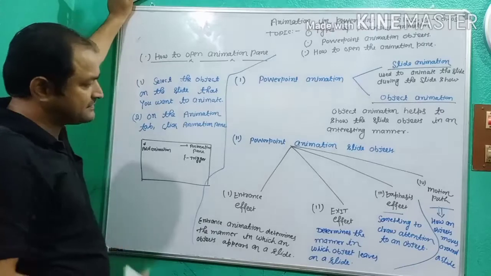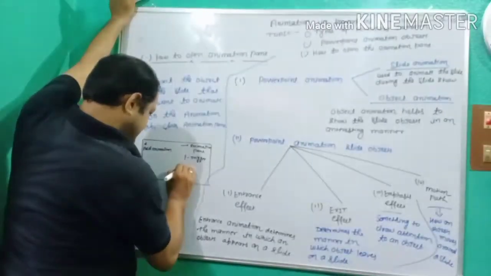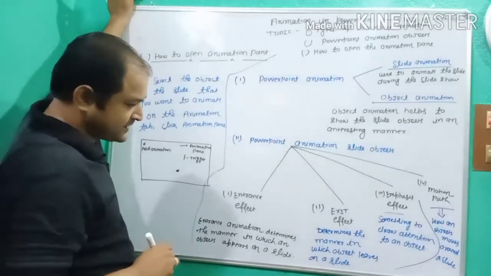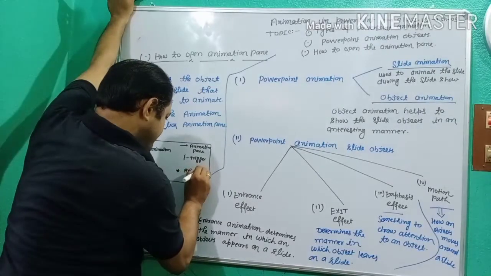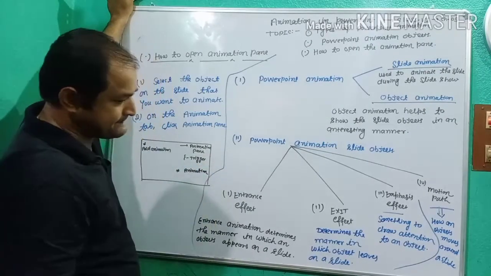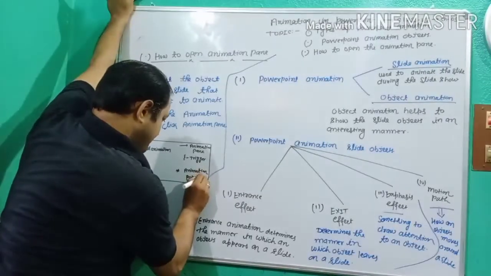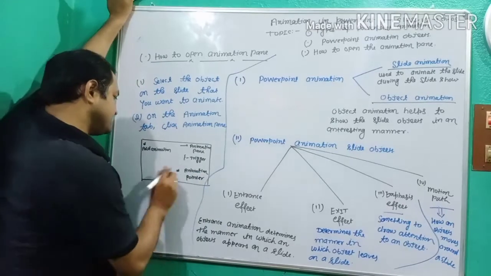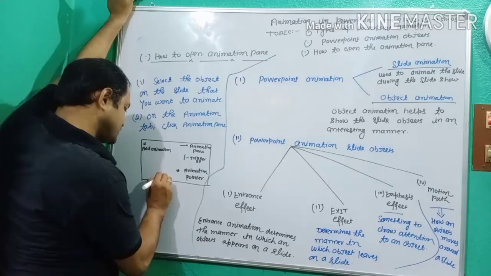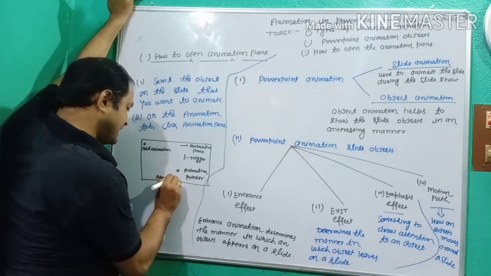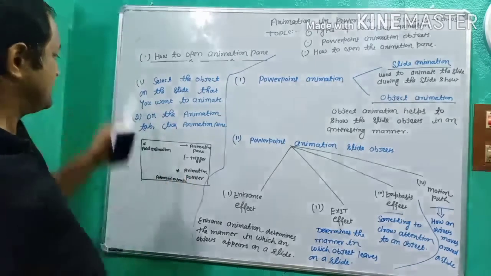This line is the trigger, and this is the last option, animation pointer. The lower part of the area shows the advanced animation.